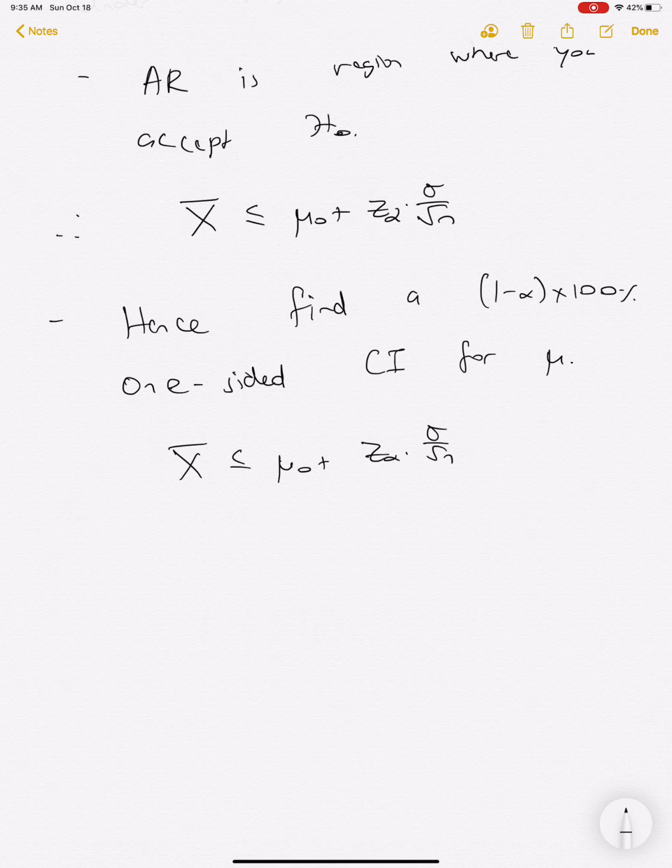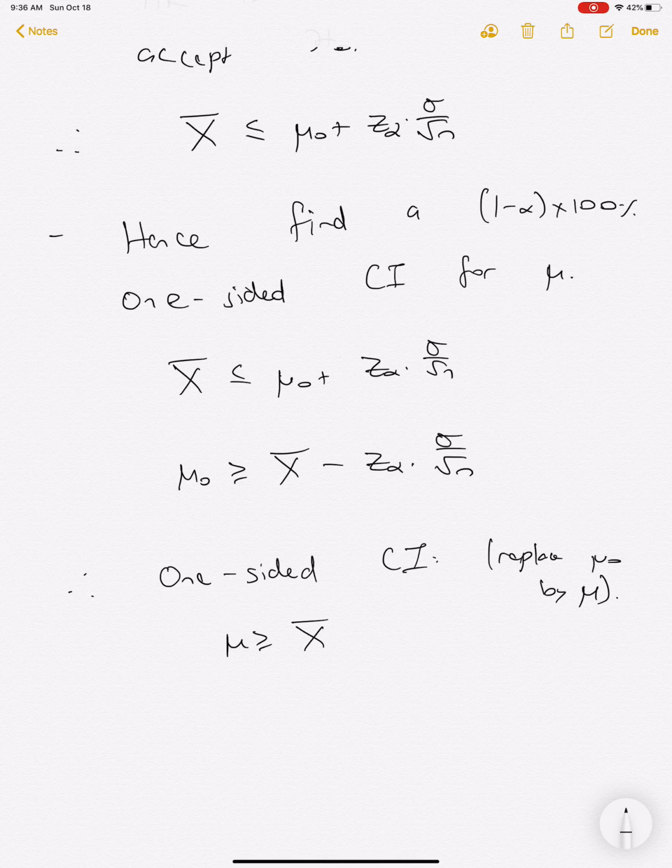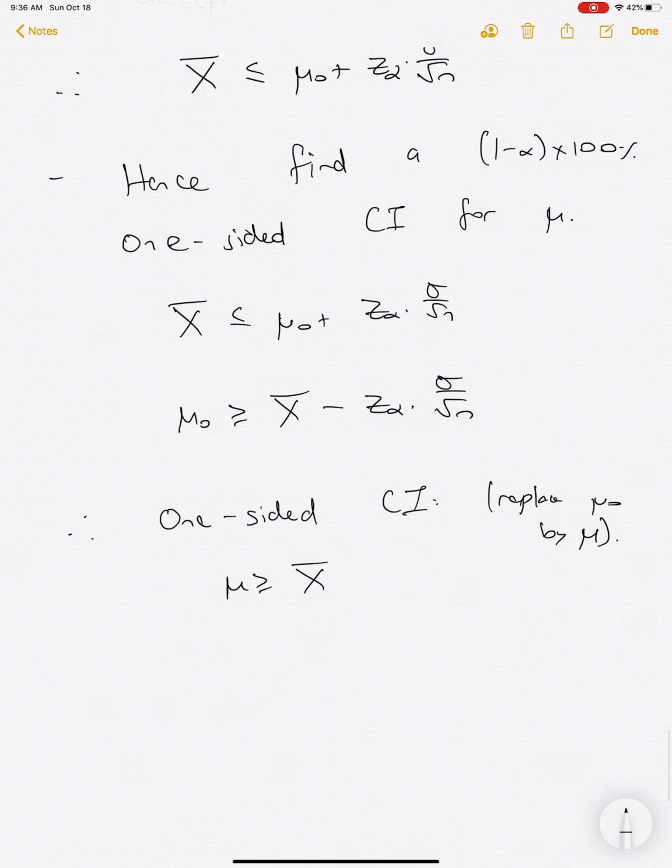Similarly, we can write this as mu 0 bigger than or equal to x bar minus z alpha times sigma over square root of n. So we have this one-sided confidence interval that mu is bigger than or equal to that, because we just replace mu 0 by mu. In the confidence interval setting, there's no mu 0, so we can just replace mu 0 by mu.